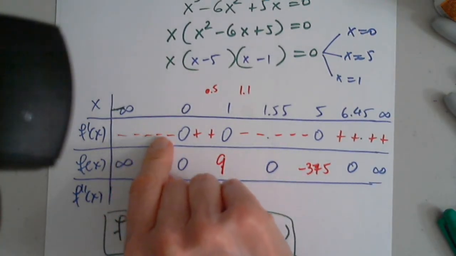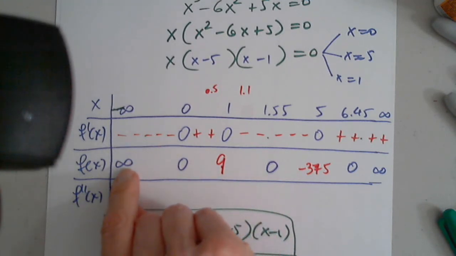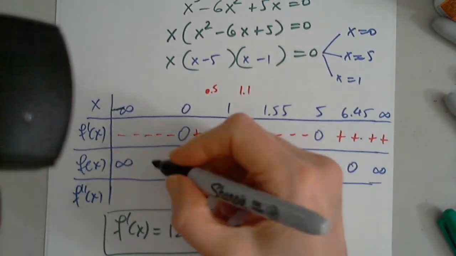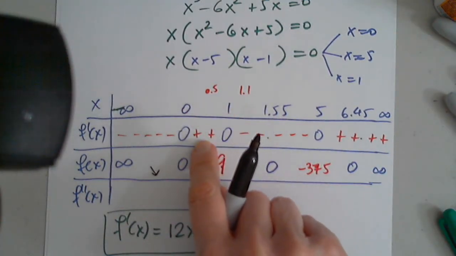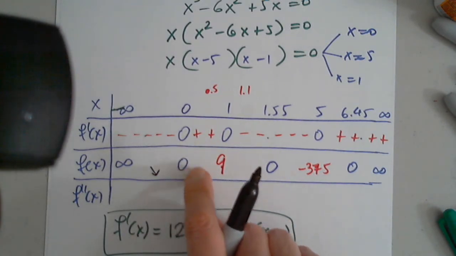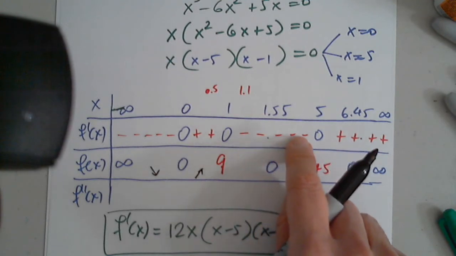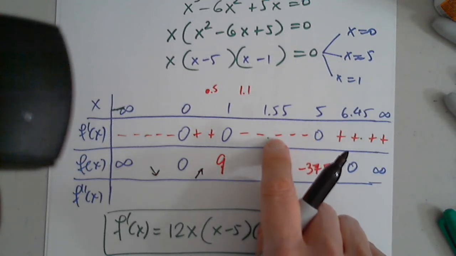What does the function do here? Decrease. From positive infinity to 0. Is that correct? Yes. Perfect. What does the function do here between 0 and 1? Increase. Is that correct? Yes. Perfect. What does the function do here? It's the same. When the derivative is negative, what does the function do?